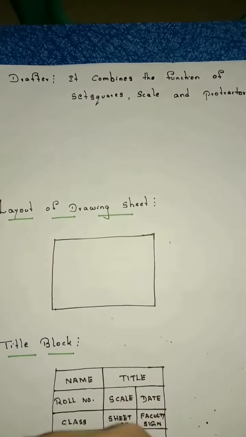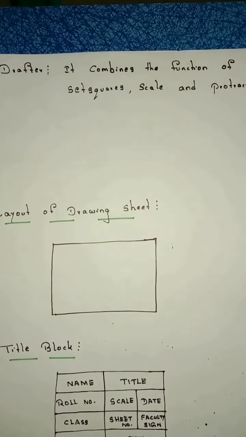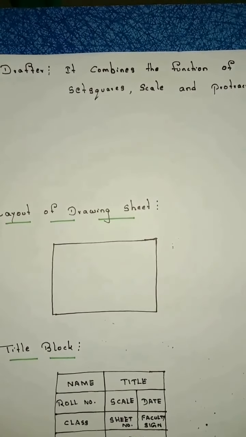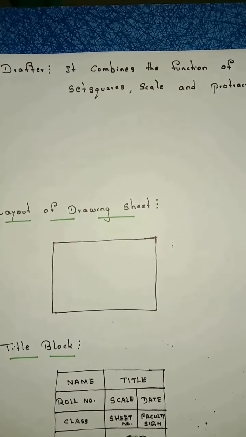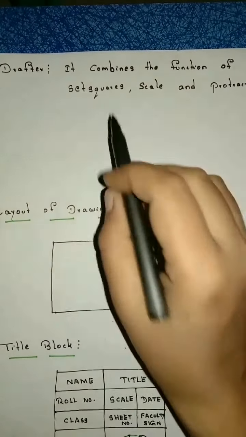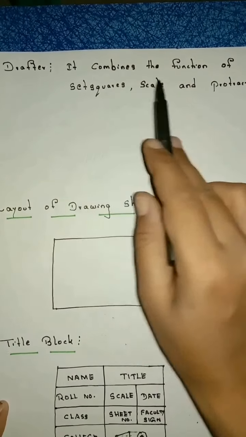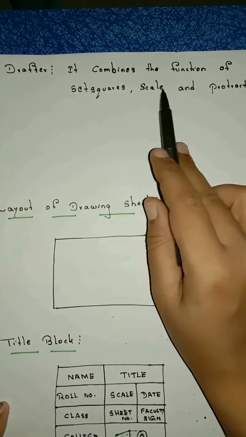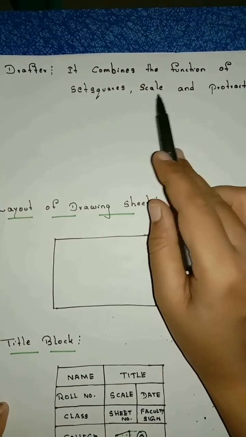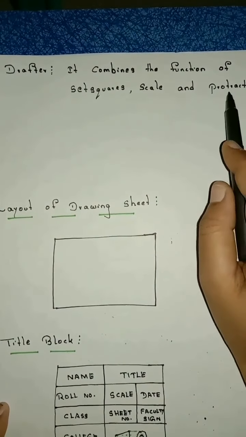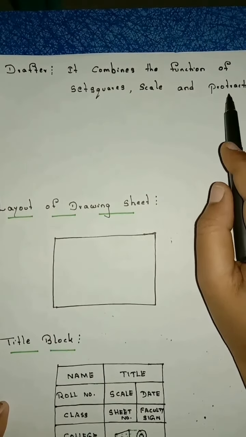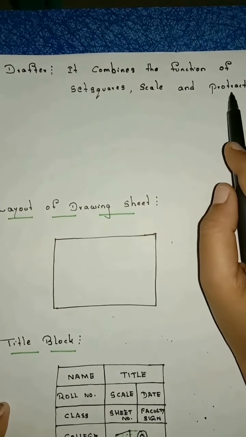If you have a drafter at home, please see that one. With the help of the drafter we can draw parallel lines, horizontal lines, vertical lines, inclined lines. We can measure the angles also, right?